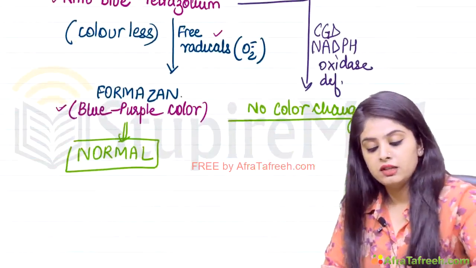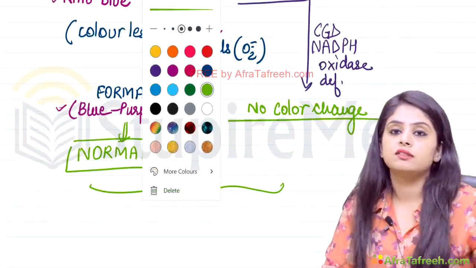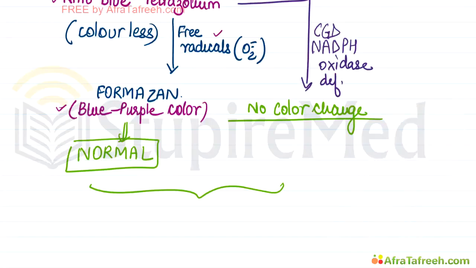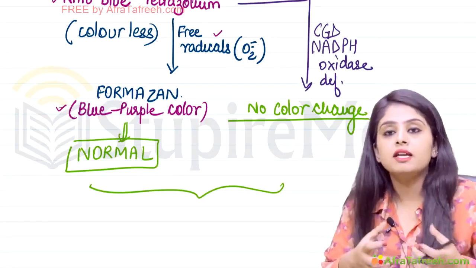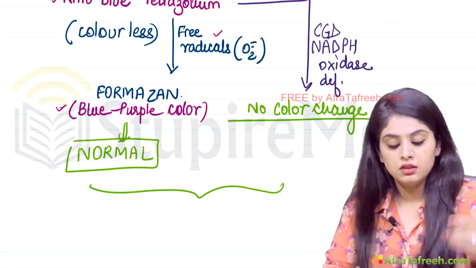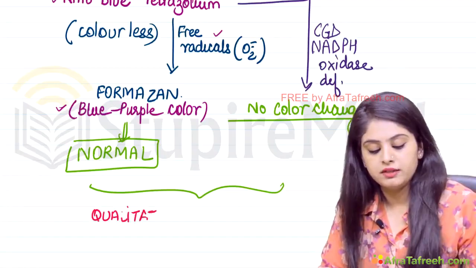What students you can easily gather from this is, what kind of a test will you call this? Qualitative or quantitative? This is depending on the color. Color change seen or not seen. We are not quantifying or measuring anything. This might vary from one person to another. So I will call this a qualitative test.